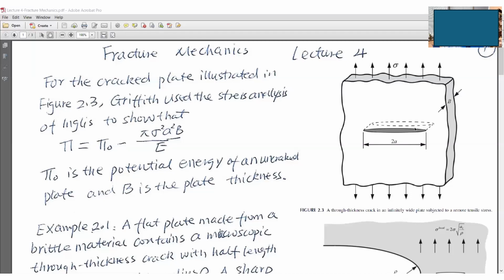I want you to know how to calculate the potential energy of a cracked body. This is very, very important. That's the reason I give this figure and this equation at the very beginning of today's lecture.